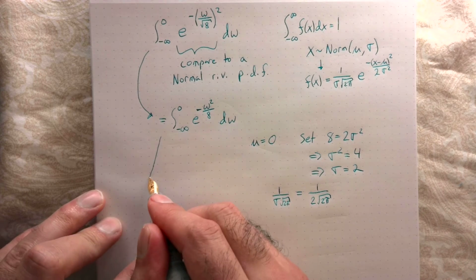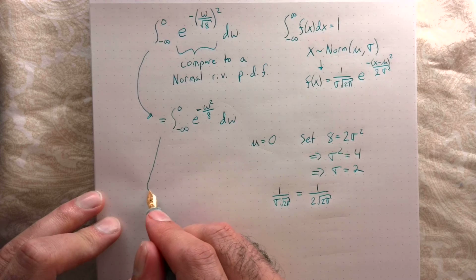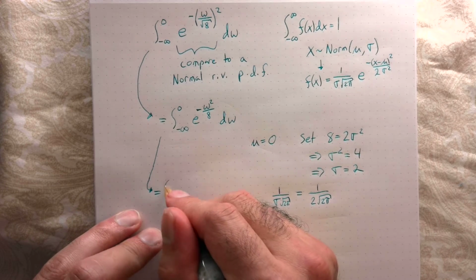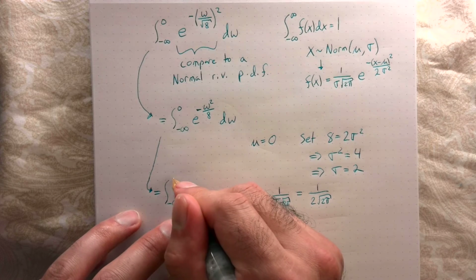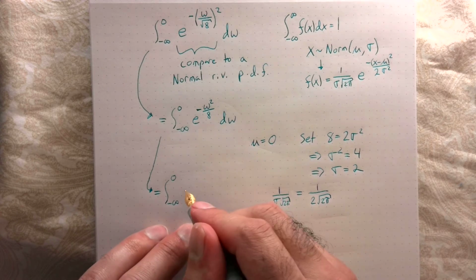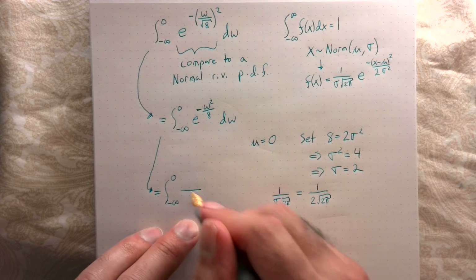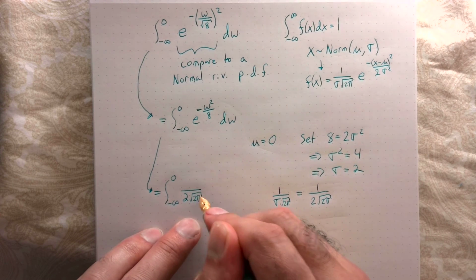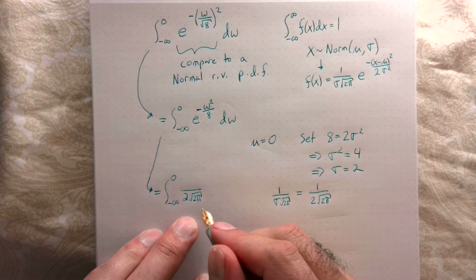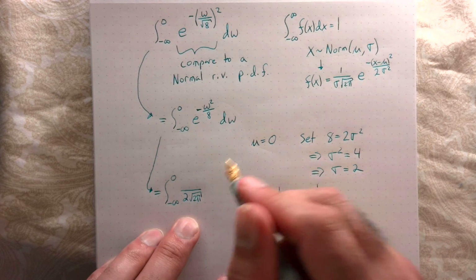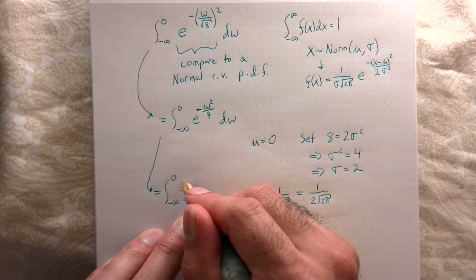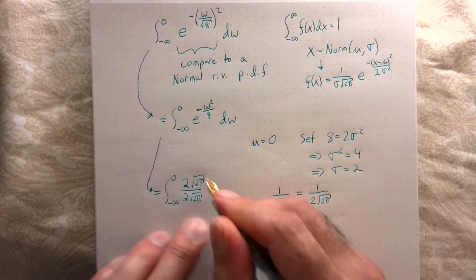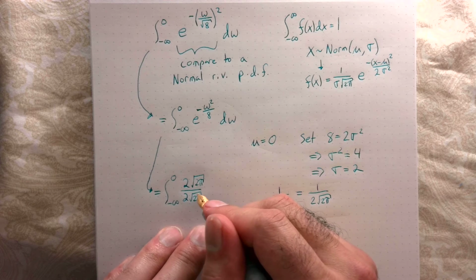So now this is equal to the integral from negative infinity to 0. In the denominator, I want to add this 2 times the square root of 2 pi. But I can't just divide by 2 times the square root of 2 pi, because that's going to change the expression. So I also need to multiply by 2 times the square root of 2 pi. So I'm cleverly multiplying by 1.